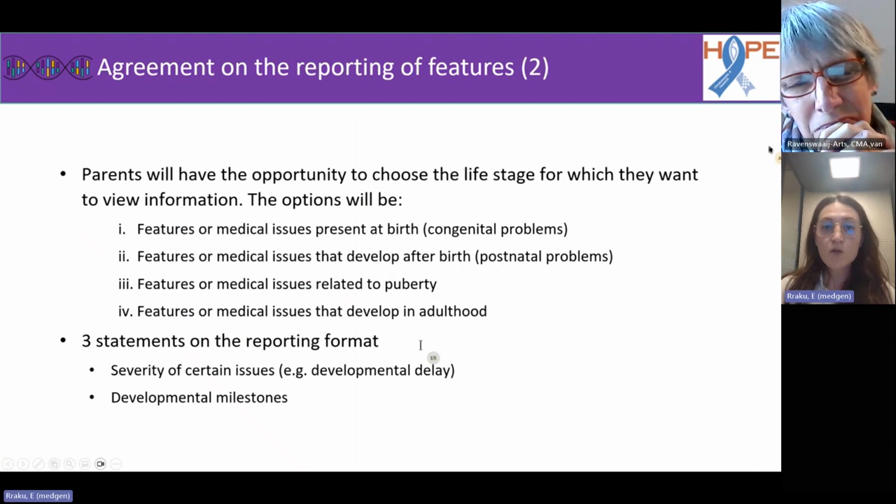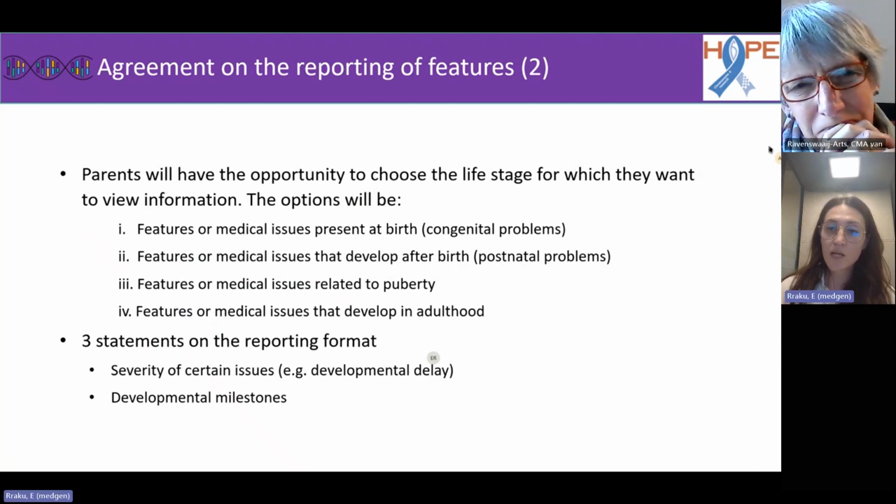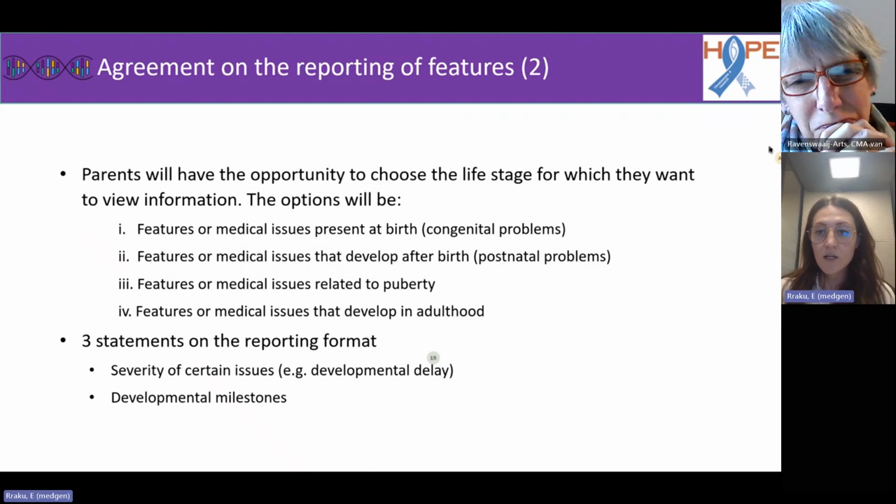What was also agreed on is that parents should get the option to choose the life stage for which they want to view the information. For example, you can view only features that are present since birth, features that develop after birth, think, for example, of issues like epilepsy or recurrent infections, issues that are related to puberty, such as delayed puberty, or features that are only developed in adulthood.